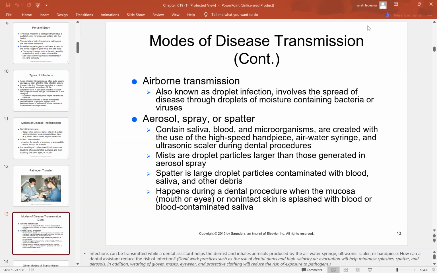Mist is droplet particles larger than those generated in aerosol spray. Spatter is large droplet particles contaminated with blood, saliva, and other debris. This happens during dental procedures when the mucosa, eyes, mouth, or non-intact skin is splashed with blood or blood-contaminated saliva.